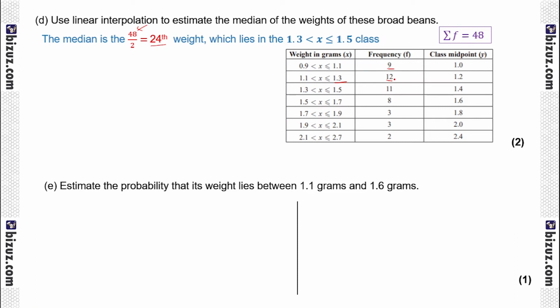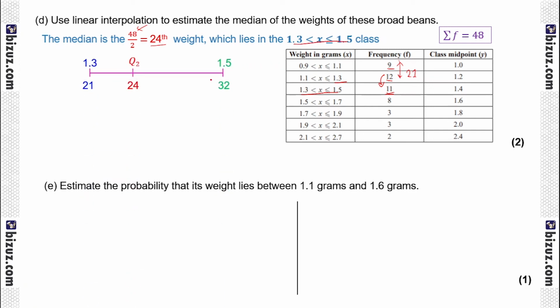So 9 plus 12, that's 21. Then in this class we have the next 11 values, and that's definitely going to include the 24th value, since up to this much we covered 21 values. The 24th value is definitely going to be here. That's why the median is in this class.